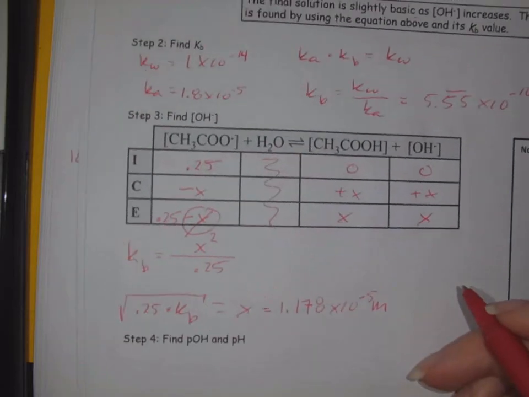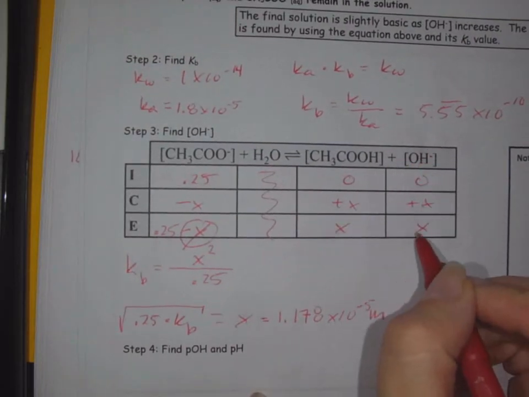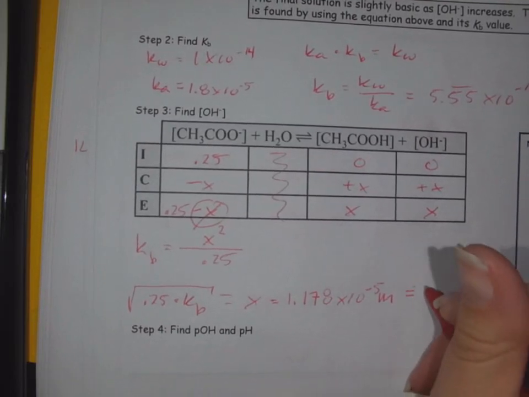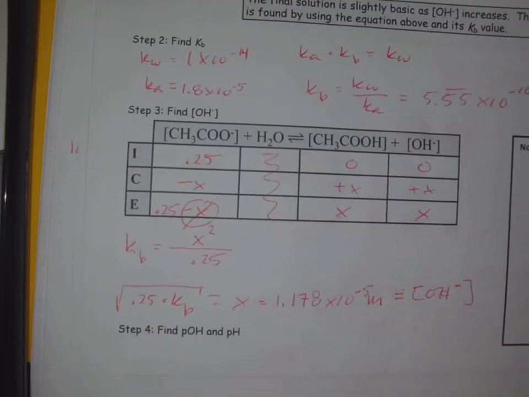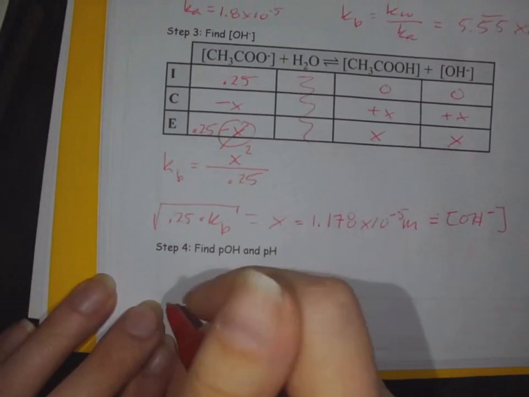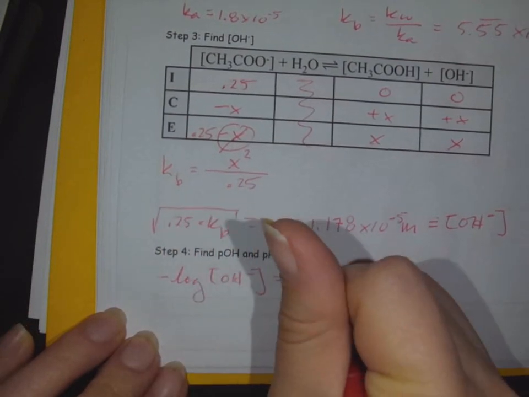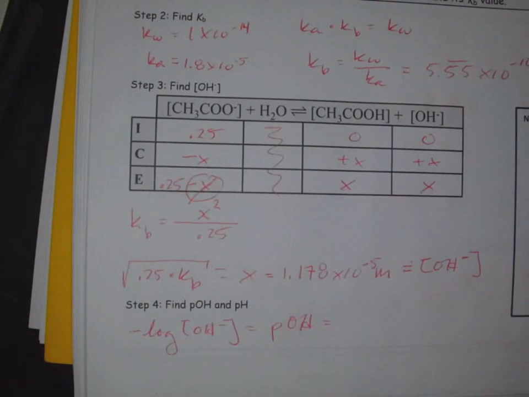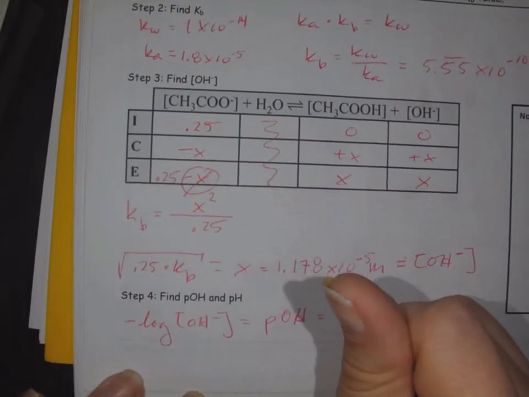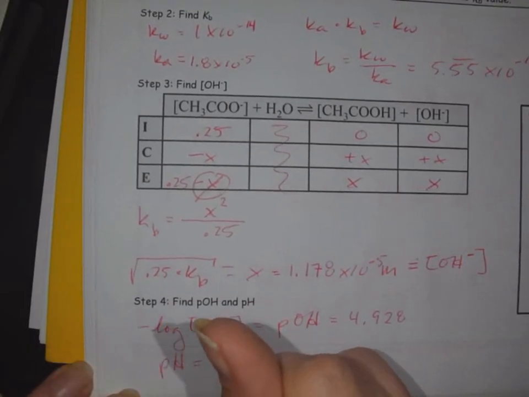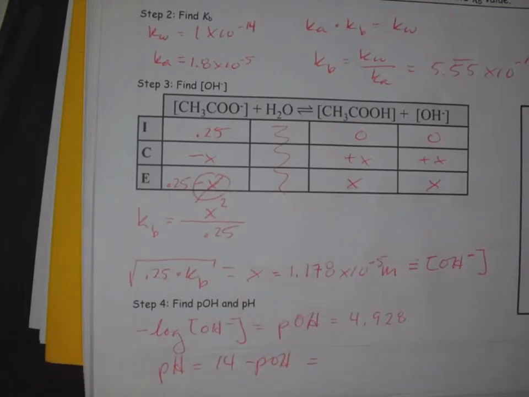Now, looking here, that is how much hydroxide there is, so this is equal to the concentration of hydroxide. Final step: if we do the negative log of this concentration of hydroxide, that will tell me my pOH, 4.928, etc. To get pH, we do 14 minus our pOH, 14 minus this number.